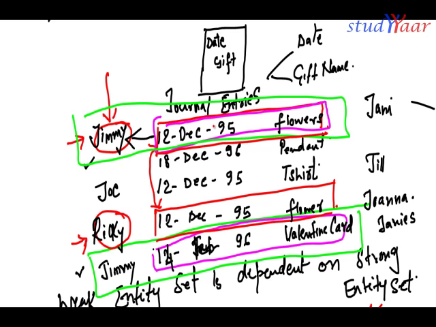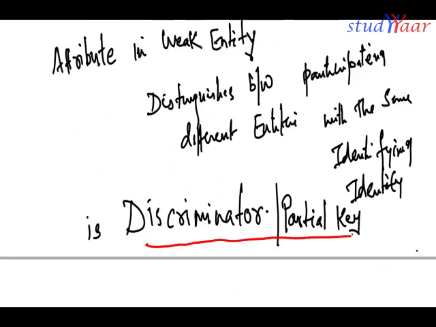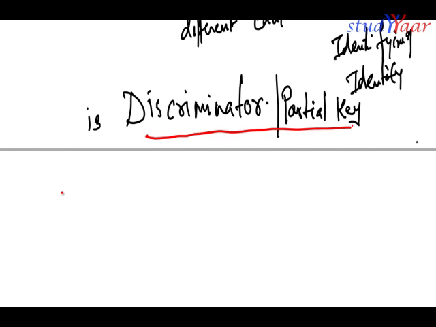The combination of date and the gift is the discriminator in this relationship.